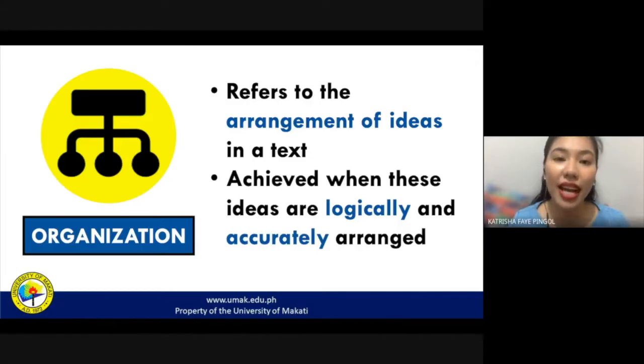Now, when we say accurately, we simply refer to having it follow a particular pattern, a text pattern that we just discussed in the previous lesson, or a particular text structure. So it's easy for your readers to understand what the text is all about just through the arrangement of your ideas. Now, that is what organization is all about.